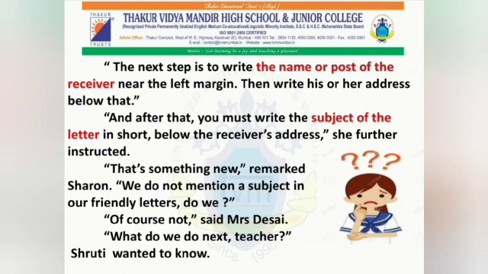After teaching them to write the sender's address and date in the upper right corner, the next step she taught them was to write the receiver's name and post near the left margin and to write the receiver's address below that. And after that, you must write the subject of the letter in short below the receiver's address, she further instructed.